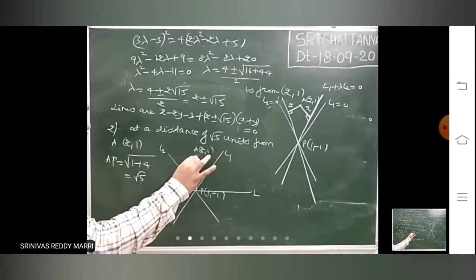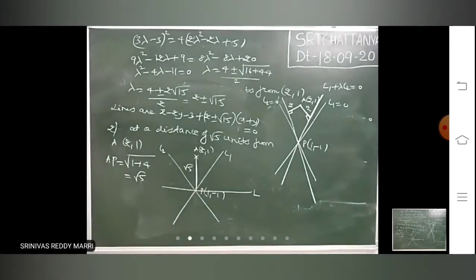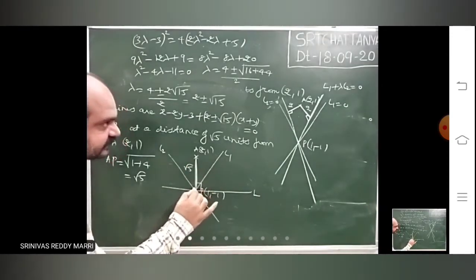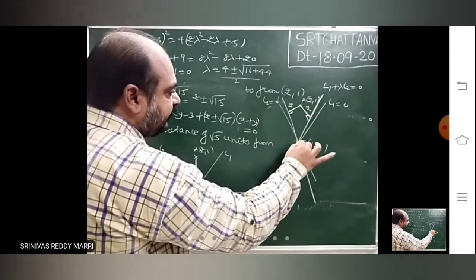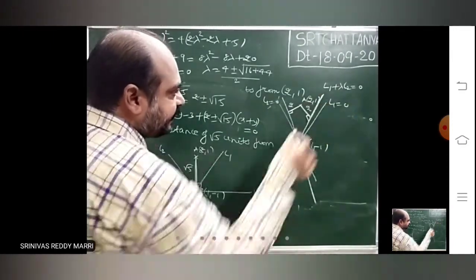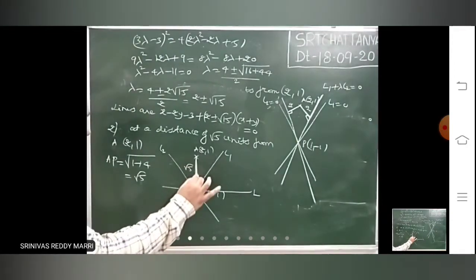That means you have to find a line which is perpendicular to AP. No need to take L1 plus lambda L2 equal to 0 now. Directly, as this is root 5 units, the distance between this and this, previously it was not root 5. Previously it was 2 units, that's why we calculated. Now it is root 5 units only.